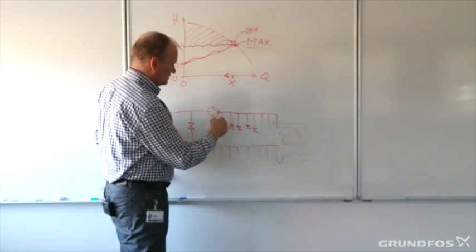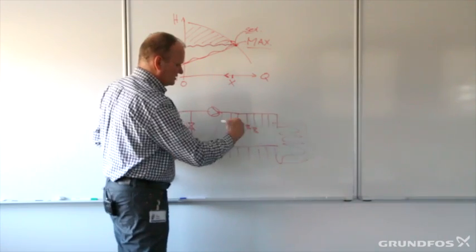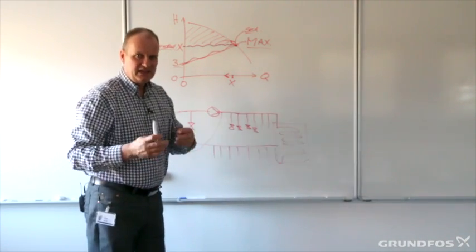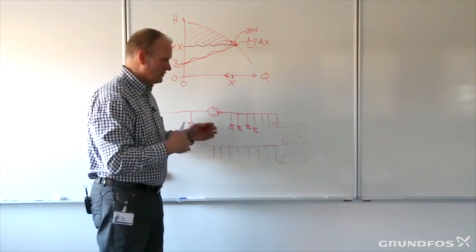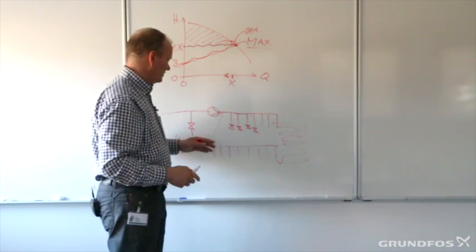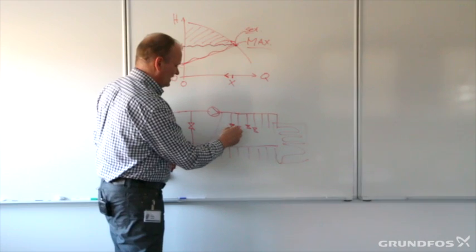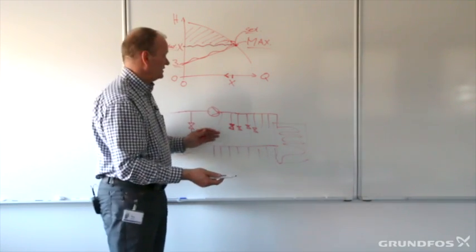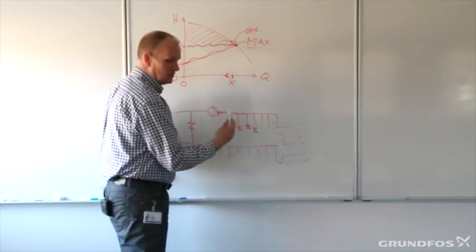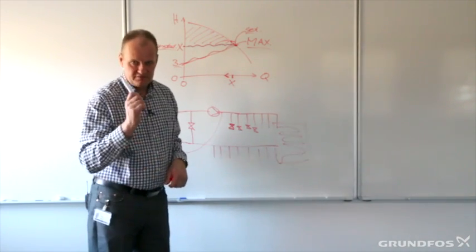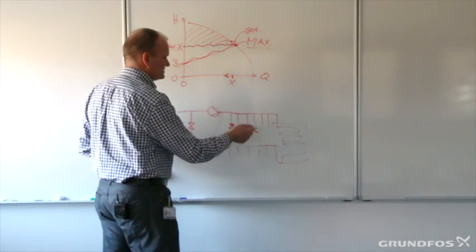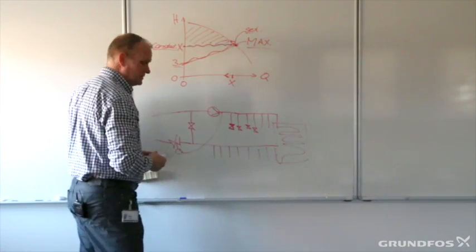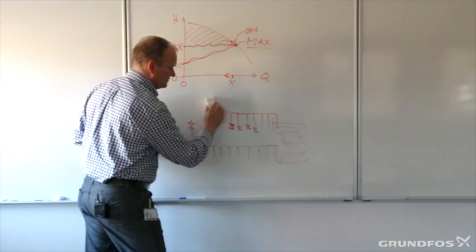So the pressure loss in this small circuit here will be the same, even though the flow can vary. The flow can go up and down according to these valves here, which are opening and closing. But the pressure loss will always be the same, at least if it's commissioned correctly. So in a case like this, we operate the system with constant pressure.